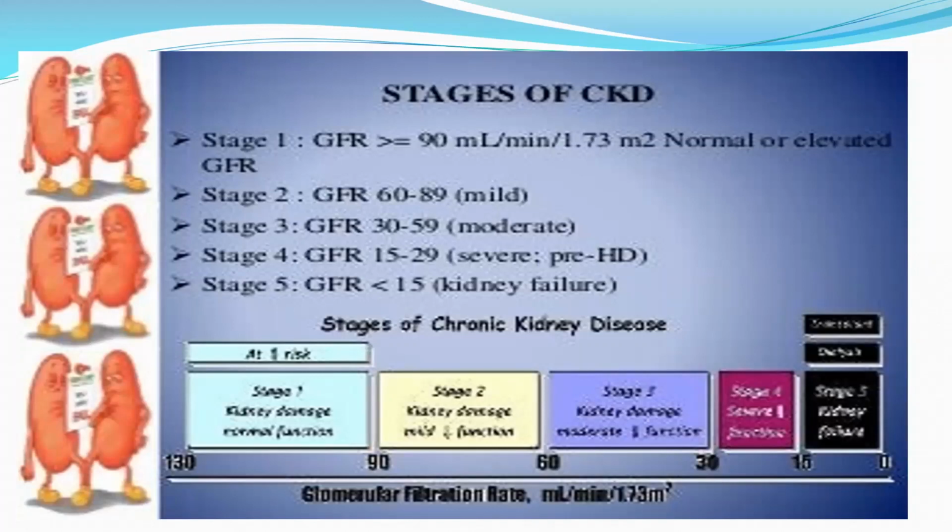In stage 3, GFR is 30 to 59. In stage 4, GFR is 15 to 29. And in stage 5, GFR is less than 15. It means that kidney failure occurs, and there is a need for end-stage replacement therapy such as dialysis and kidney transplant.